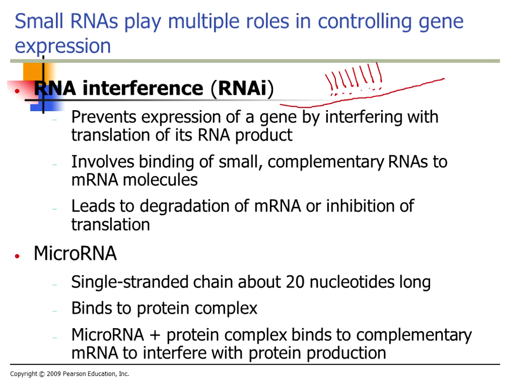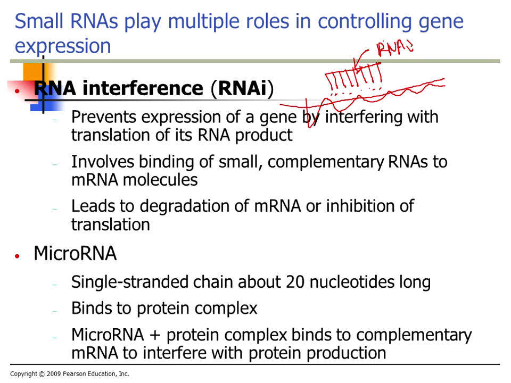So here is the messenger RNA, and here is the RNAi that will bind to your messenger RNA, and then one of two things can happen. It can either break this messenger RNA down, degrade it, or it can block translation, because the messenger RNA then cannot attach to the ribosome, right?